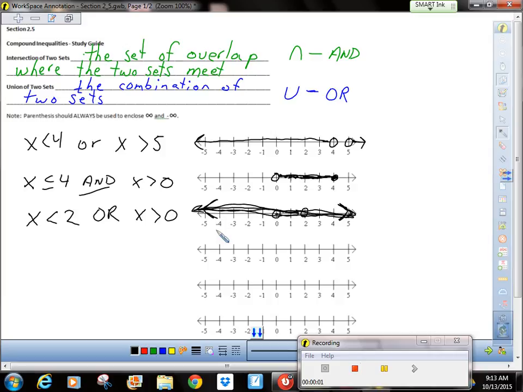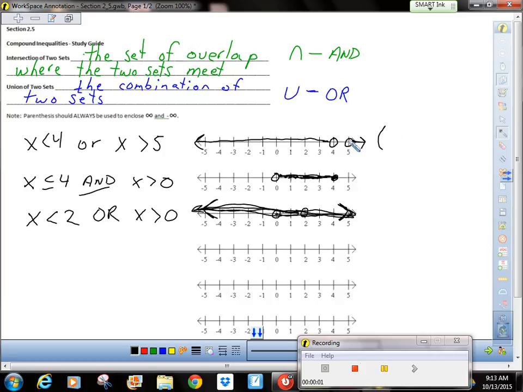Let me show you this thing that we use. It's called interval notation. If I was going to do an interval notation for this one here, do you have a little room over to the right of the graph? All right, it's going to look like this.